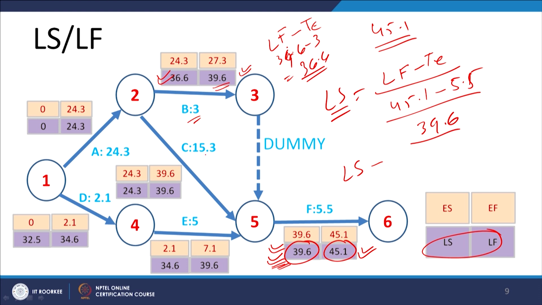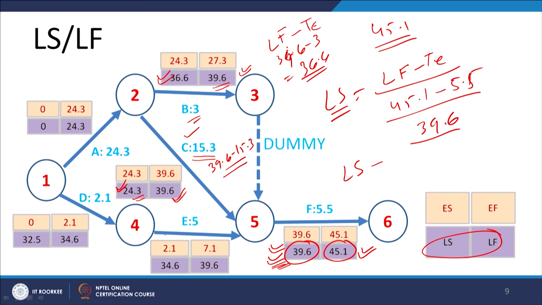So, here we have 39.6 minus 15.3, that is the activity time required to complete activity C. So, 39.6 minus 15.3 gives us the latest start time, which comes to 24.3. This becomes the latest start time, and 39.6 is the latest finish time by which it should be completed, so that activity F can be started.